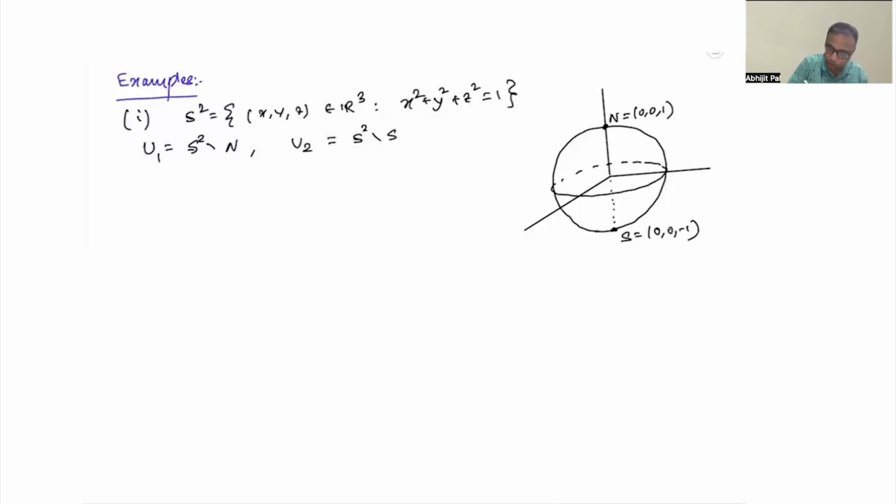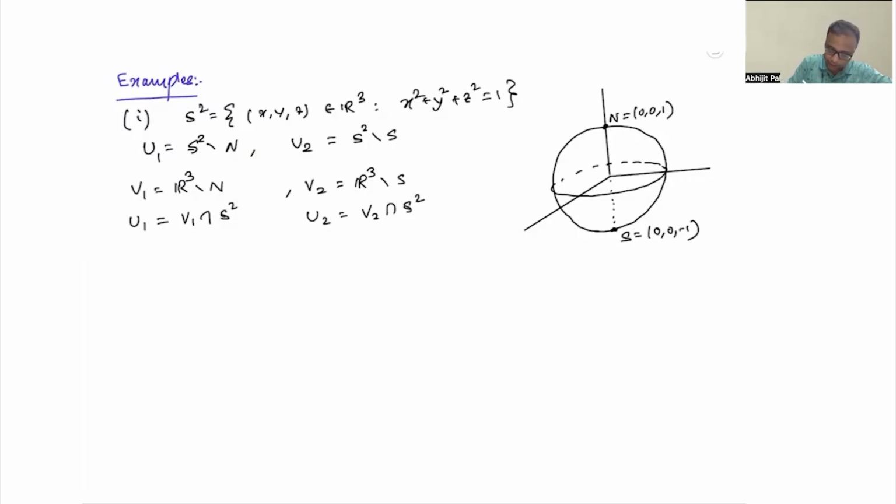You can also think of U1 as follows. If you take B1 to be R3 minus the north pole, then U1 is basically B1 intersection the sphere S2. Similarly, if I take B2 to be R3 minus the south pole, then U2 is B2 intersection the sphere S2.